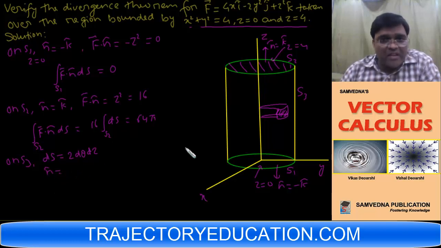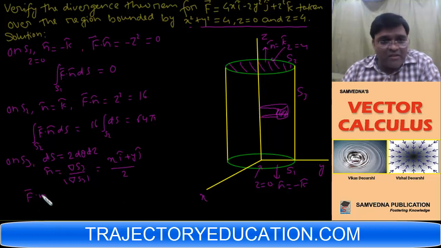And n is, see, this S3 is x square plus y square equals 4. So n comes out to be (xi plus yj) upon 2.